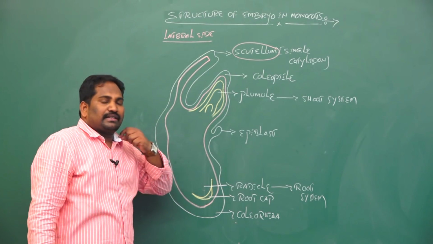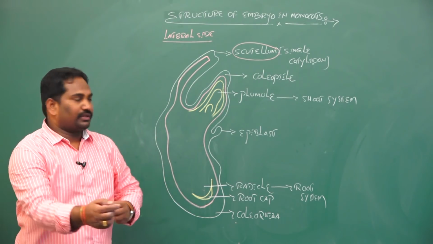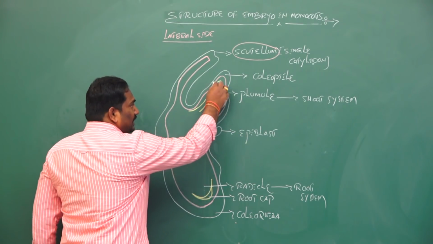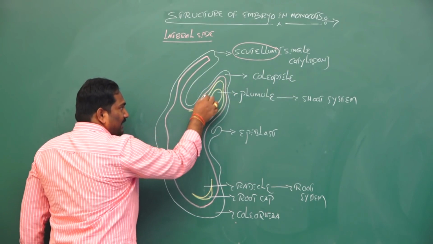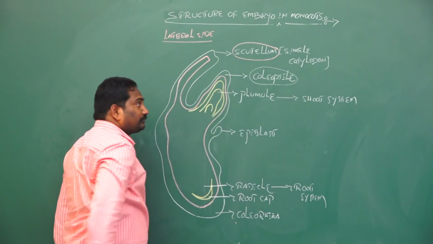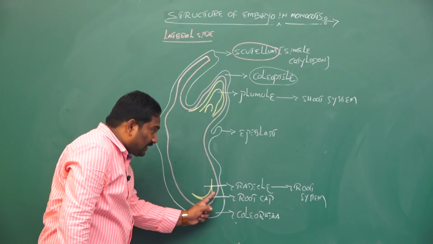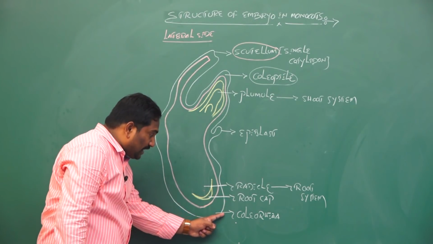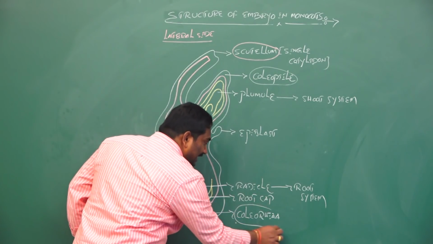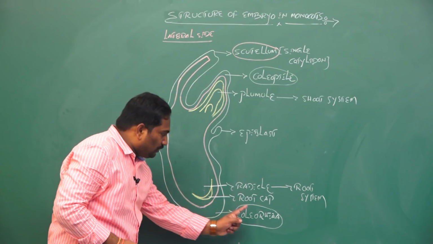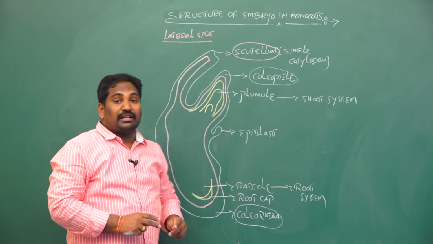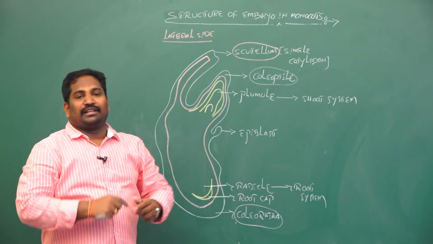In monocotyledons, one more very important characteristic feature: the plumule, which produces the shoot system, is surrounded by a mass of undifferentiated sheath called the coleoptile, and the root tip, with its root cap, is surrounded by a mass of undifferentiated sheath called the coleorhiza. The presence of coleorhiza and coleoptile are characteristic features of the monocotyledon embryo. These are absent in the dicotyledon embryo.